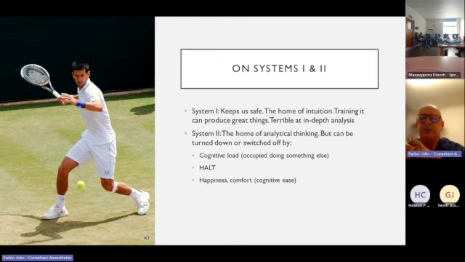So system two, as I said, is where analytical thinking tends to happen. But there are a couple of things that can cause system two almost to be switched down or turned off. The first is cognitive load: if it's occupied doing something else, and you give it another task, it probably won't do that task very well.